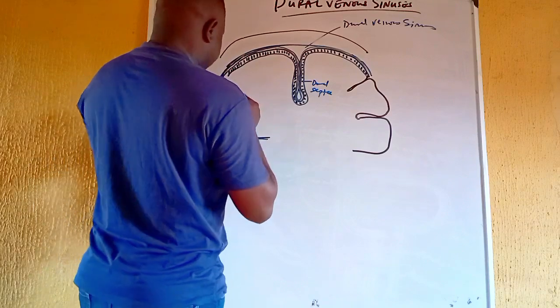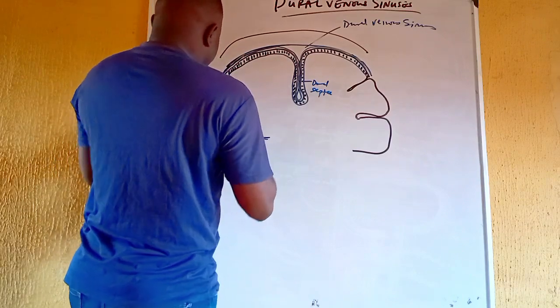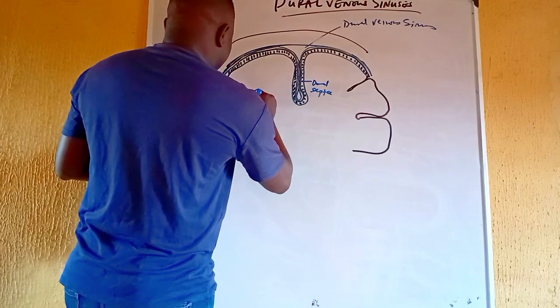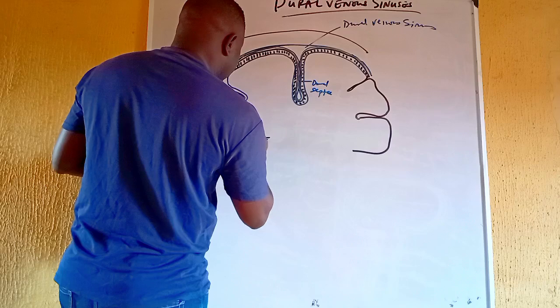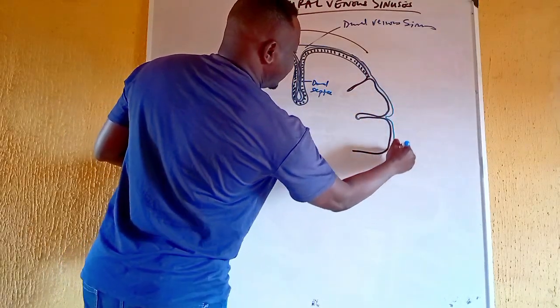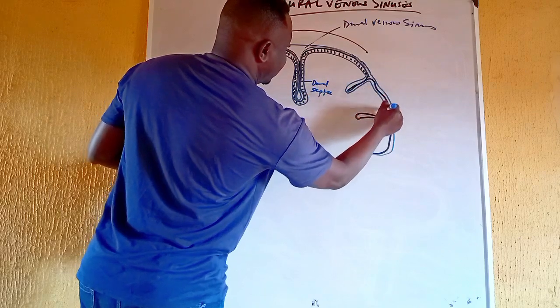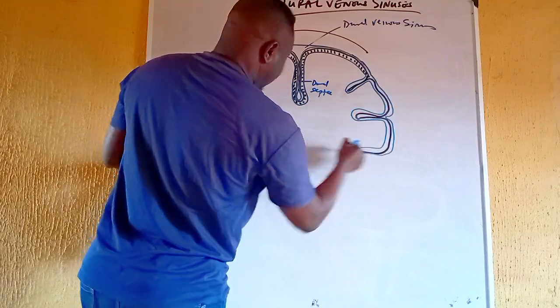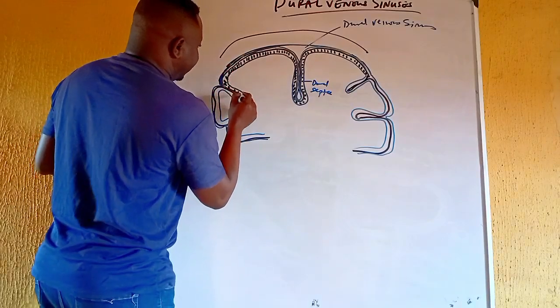The second layer is known as the arachnoid mater, which is highly trabeculated.